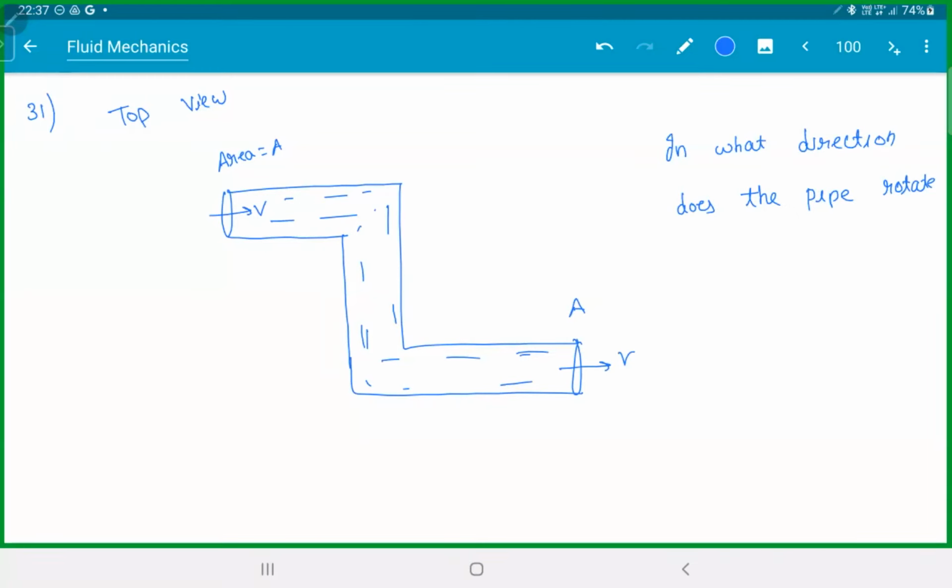Others think, I'll give you a minute. Let's see. Someone said something anti-clockwise.